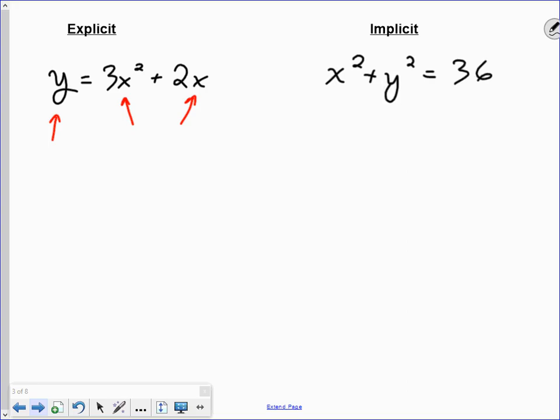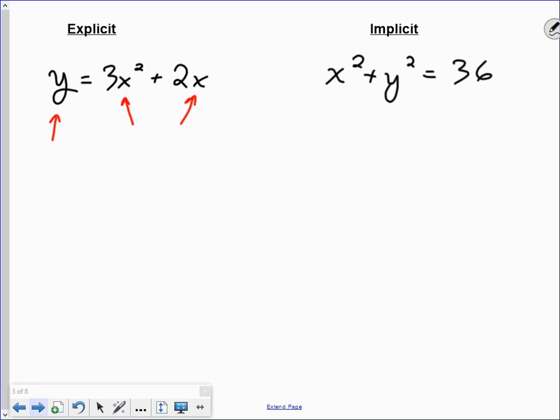x squared plus y squared equals 36. We recognize this as the equation of a circle, but notice that we aren't expressing this as y equals something in terms of x. The x and the y are mixed together on one side of our equation here. Now, we could take something that is defined implicitly and turn it into an explicit function.